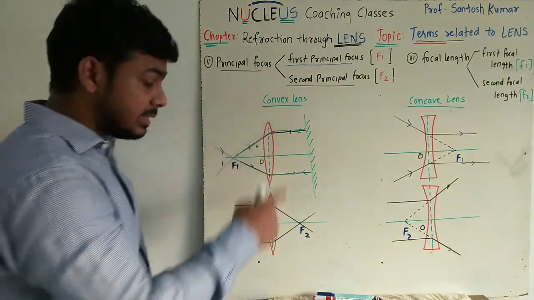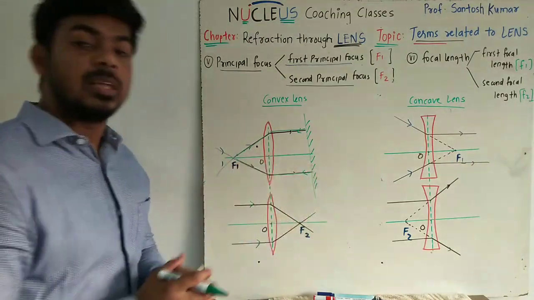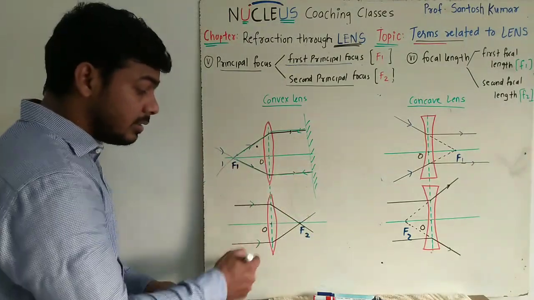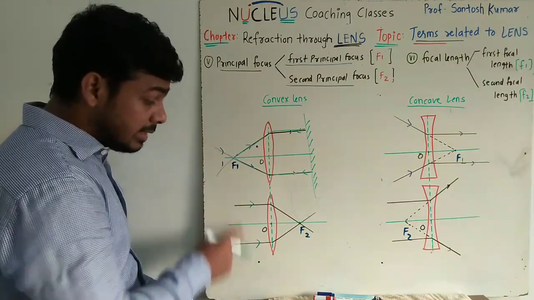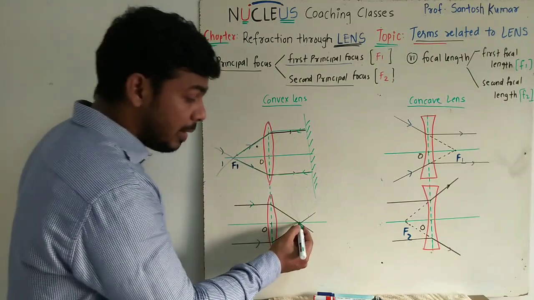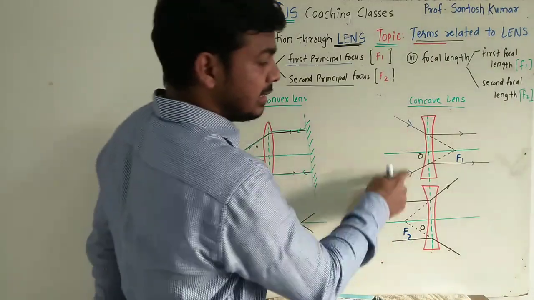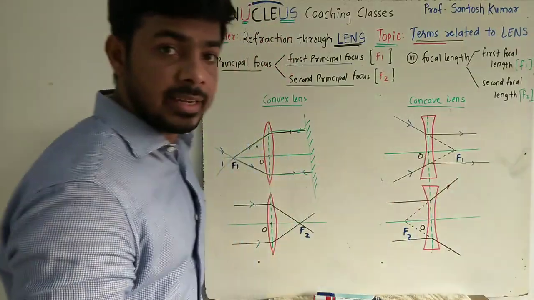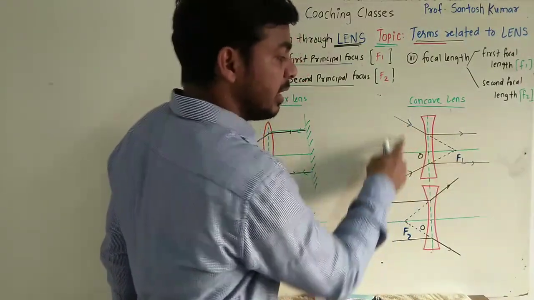So for convex lens, second principal focus is that point on the principal axis such that the rays traveling parallel to principal axis, after refraction, pass through that point. And here also, if these are the incident rays and these are the refracted rays, if I make this the incident rays, then definitely this will become the refracted ray.